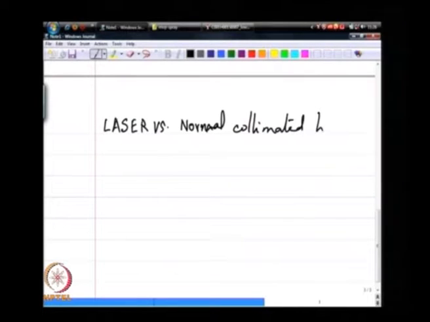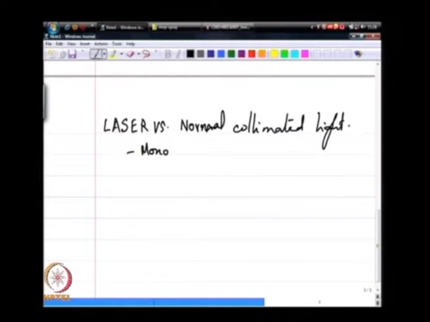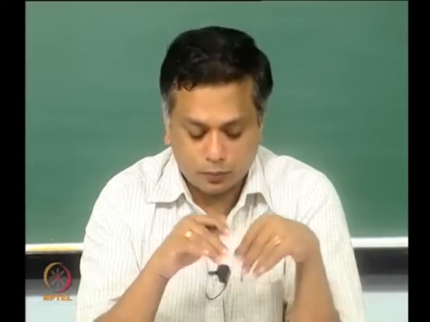Collimated is where the light rays are all parallel. So, the first thing is the laser is monochromatic. Typically lasers are monochromatic, that is, all the photons that make up the light are of the same wavelength, unlike normal white light illumination.